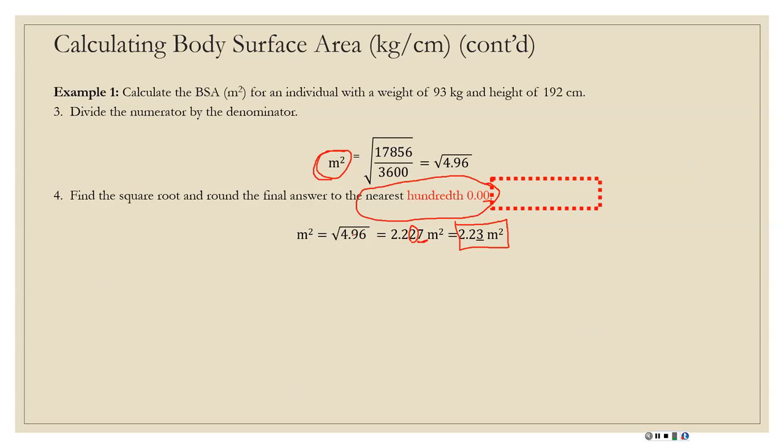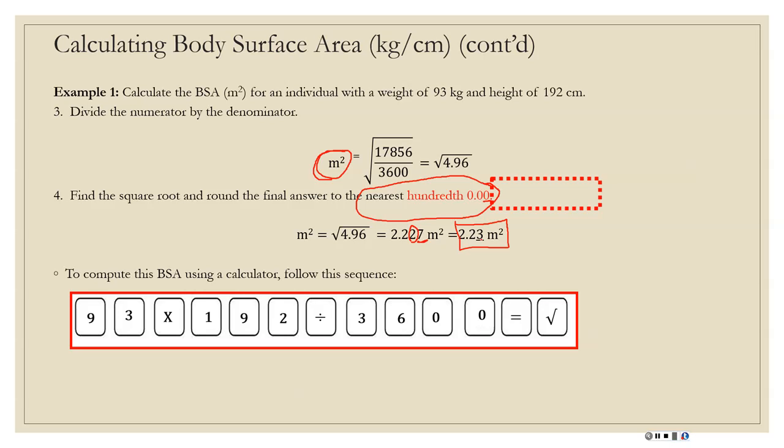And so some answers may be slightly different depending on if you rounded or if you kept this square rooted number in your calculator. What will be wrong on a quiz is if you would go ahead and round your meters squared to 2.2. If you rounded it to that tenths spot, or if you just rounded it to 2 to the whole number, that will give you the wrong answer. So you have to have it to at least this hundredths position.